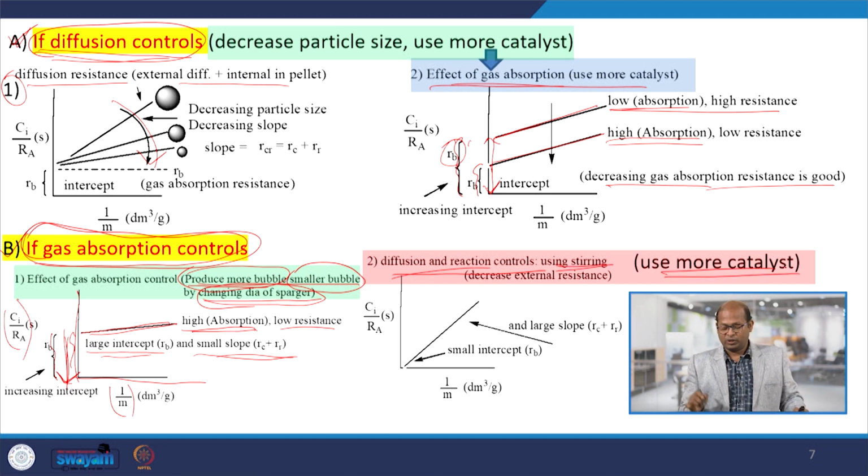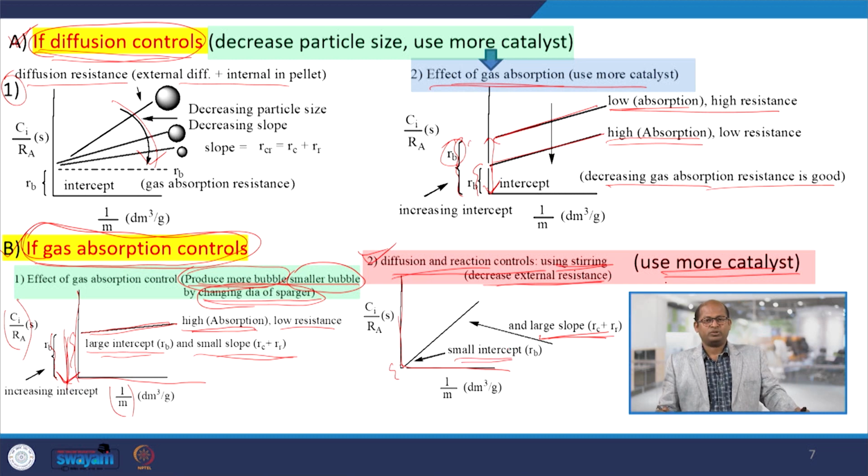If you use more catalyst, the gas absorption will also increase, and if absorption increases then absorption resistance will decrease. So, see here, it is like this: here the resistance is large with a large slope, and here the intercept is very small.